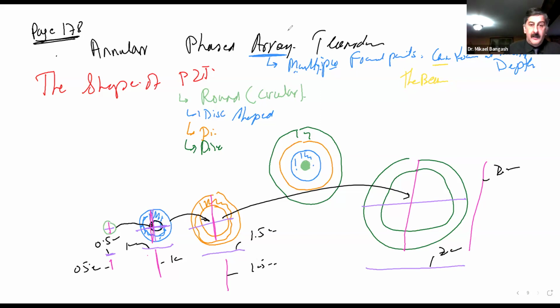But practically, although that's not how it's mentioned in the book, we can make it so that it's only going to be the central one, this one here, which will be round or circular. The remaining will just be disc shaped. Why I call these disc shaped here is because they are shaped like a CD or a DVD.